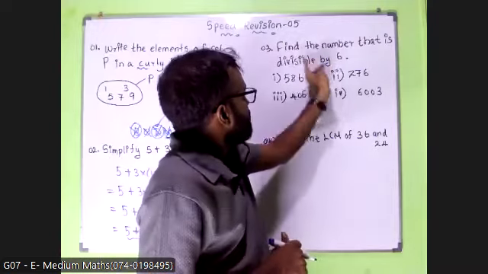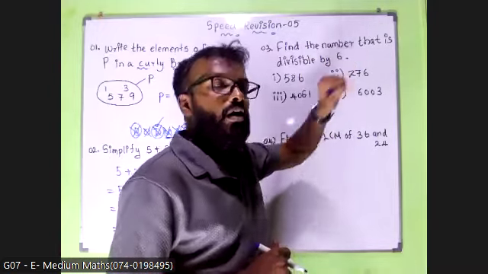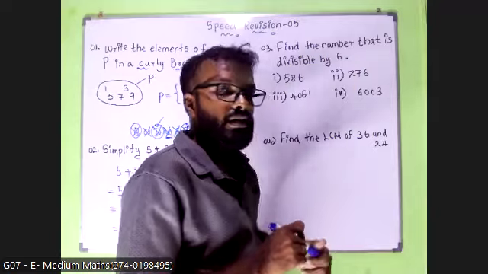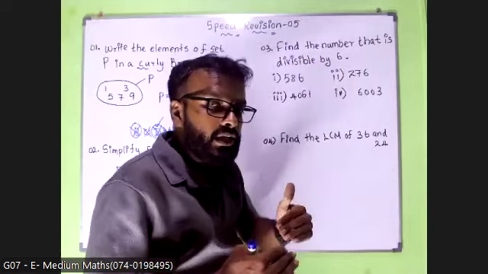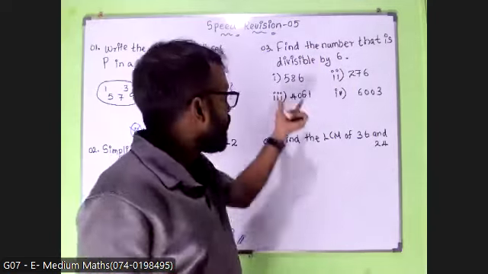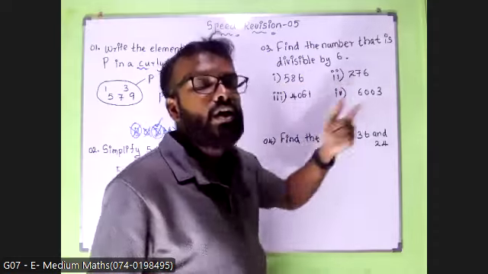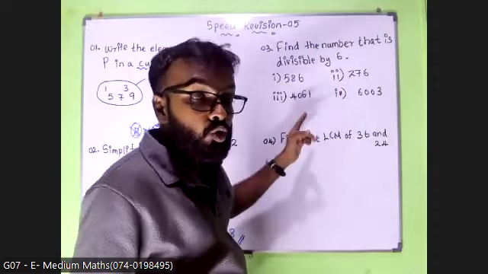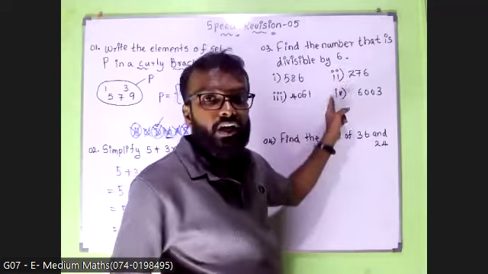Find the number that is divisible by 6. How do you find the number that is divisible by 6 at once? You have 4 numbers given. You have to find the digital root of each and every number.